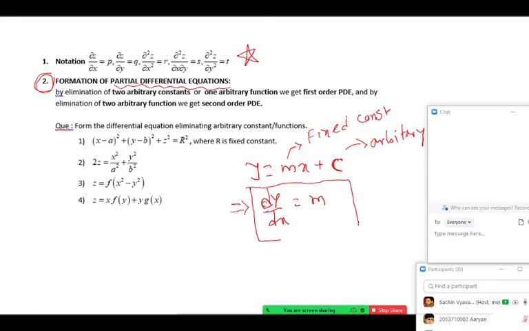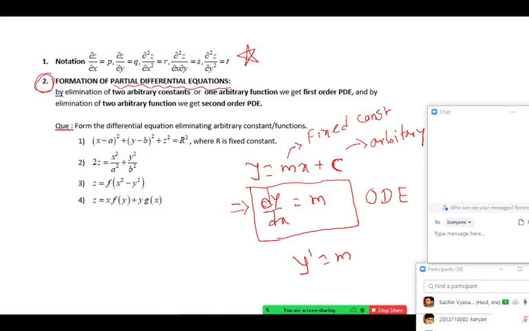This is the differential equation, y' = m. The differential equation of a family of straight lines whose slope is m is just dy/dx = m. That is one of the simple examples of an ordinary differential equation, known as ODE.